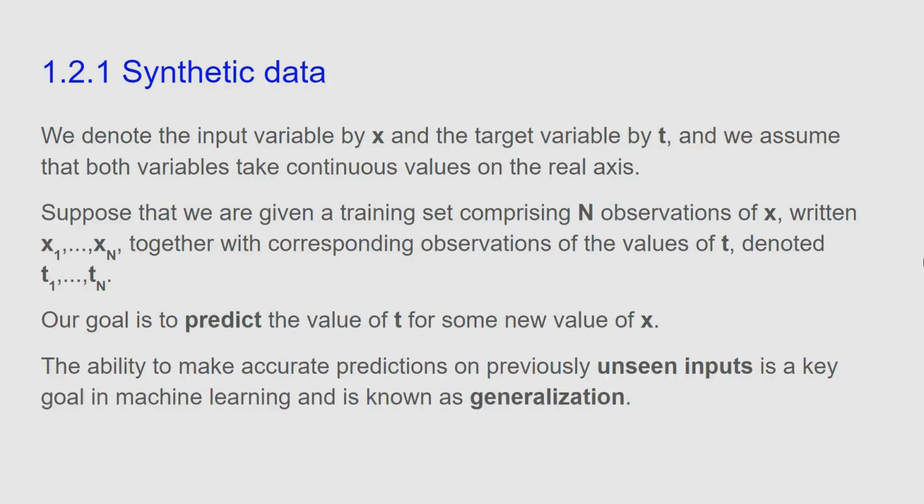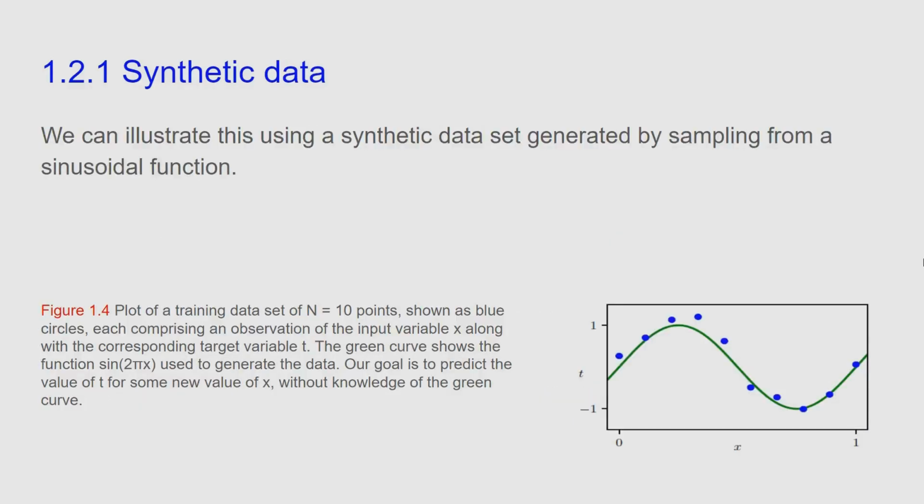The ability to make accurate predictions on previously unseen inputs is a key goal in machine learning and is known as generalization. We can illustrate this using a synthetic data set generated by sampling from a sinusoidal function.